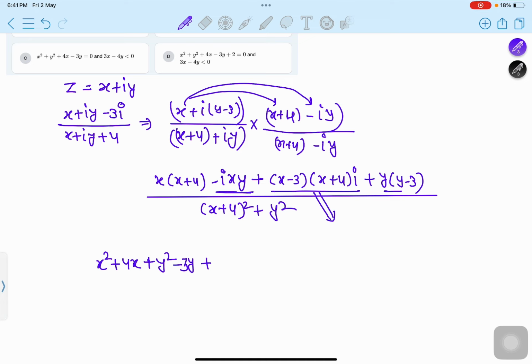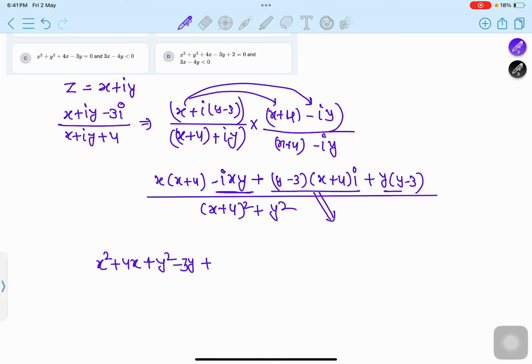Suppose you multiply; then xy and xy iota cancel out at that time. So only that part remains, which is x square, 4x and 3y.